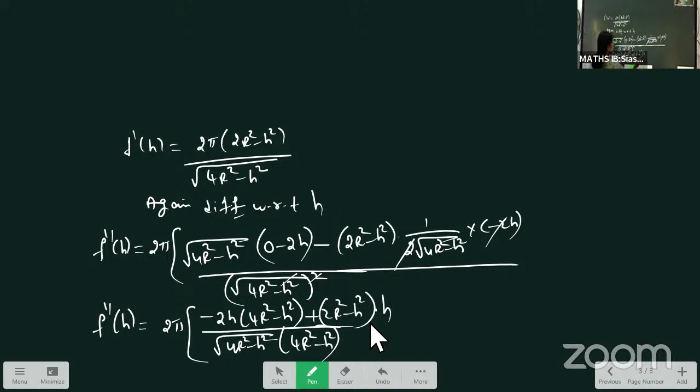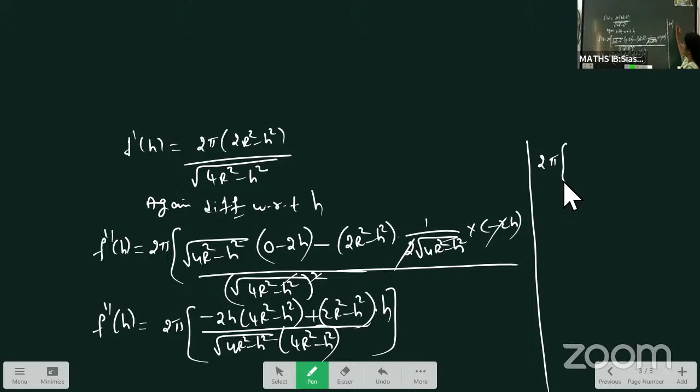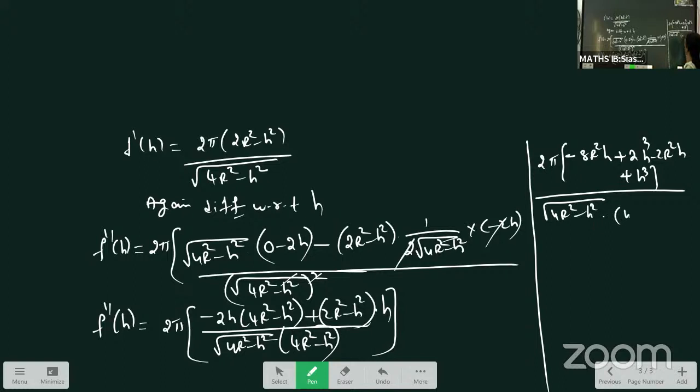Now simplify a little. 2 pi as it is. Open up the bracket: minus 8r square h plus 2h cube minus 2r square h minus into minus plus h cube, by under root of 4r square minus h square into 4r square minus h square.